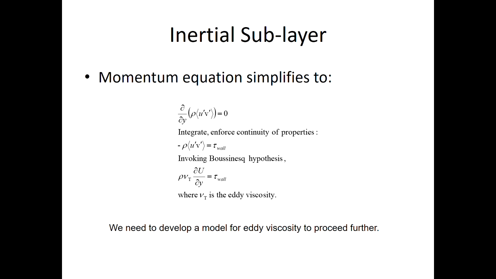So Prandtl was the very first person who developed an eddy viscosity model, this new tau, for flow over a flat plate. So we're going to stop at this point and continue with what happens in the inertial sublayer in our next video.